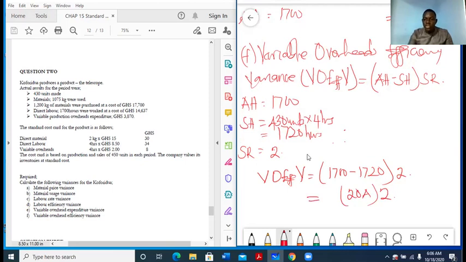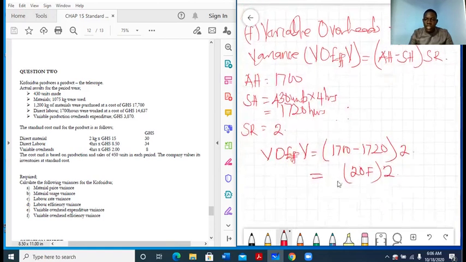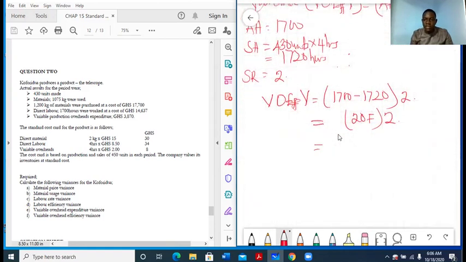Okay, sorry, that's favorable. We had planned to use 1,720, but we ended up using 1,700. That's favorable. So that gives us a favorable variance of 40. Good.